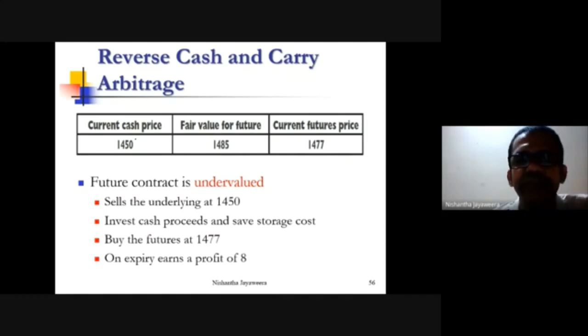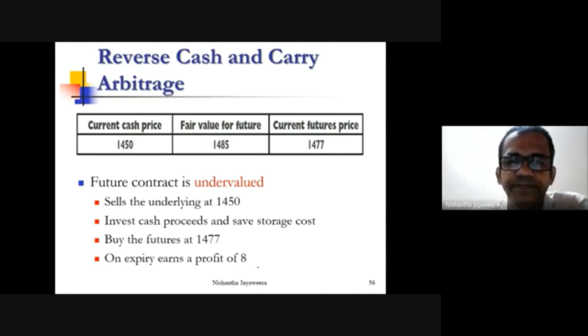Sell the asset, you get this proceed, invest it, then you will earn $35, and you buy the futures contract, you take delivery on the expiry, you will get the gain of this $8 on the expiry. Is it clear? Any questions?